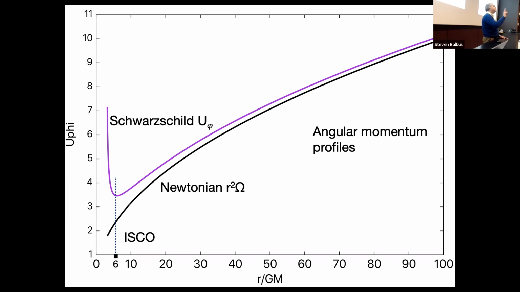You learned at least 2 things here tonight. Then it's unstable. Can't have it. And the first person who showed this, it's not just for gravitational problems, it's true for a cup of tea. If the angular momentum is not increasing outwards, you are unstable.